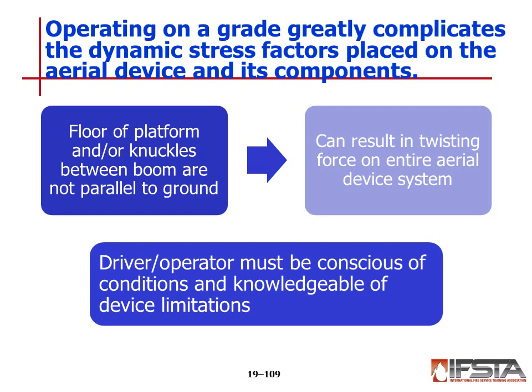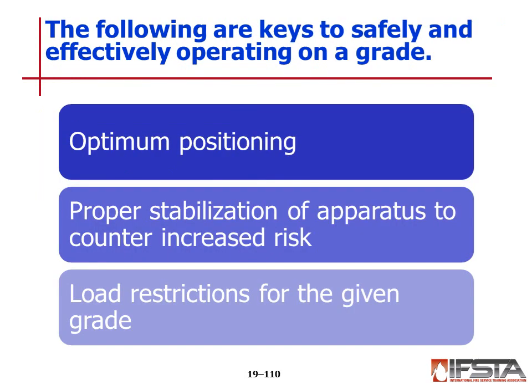The driver-operator must be conscious of these limitations and have knowledge of the limitations of the particular aerial device in use. The following are keys to safely and effectively operating on a grade: optimal position, proper stabilization of the apparatus to counter increased risks, and load restrictions for the given grade.